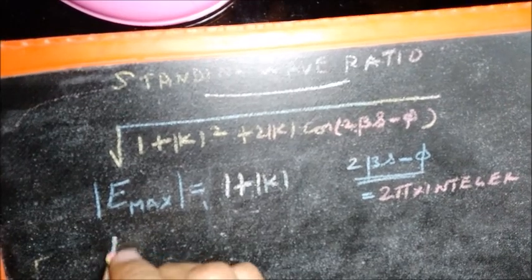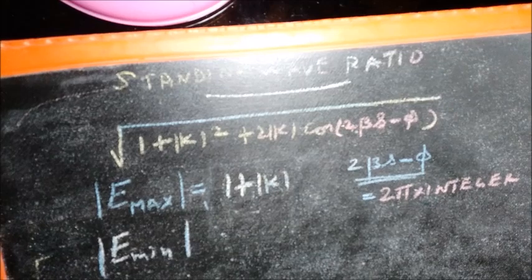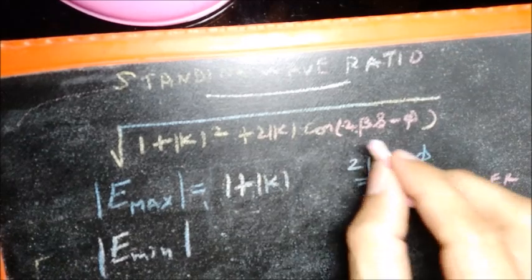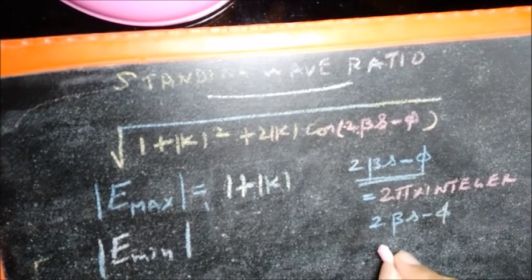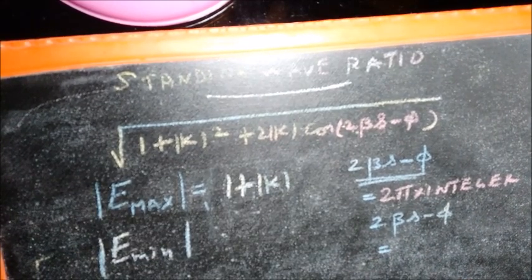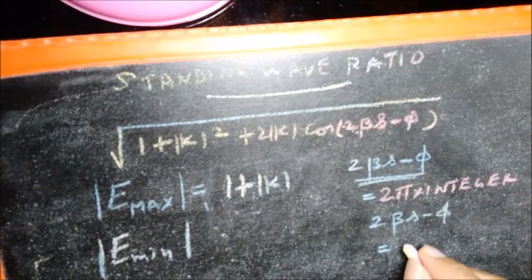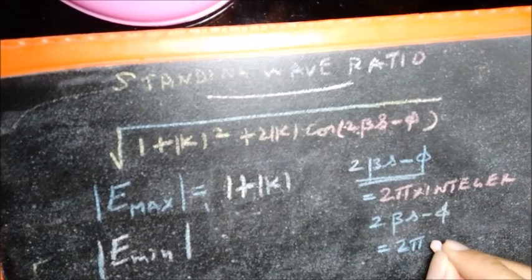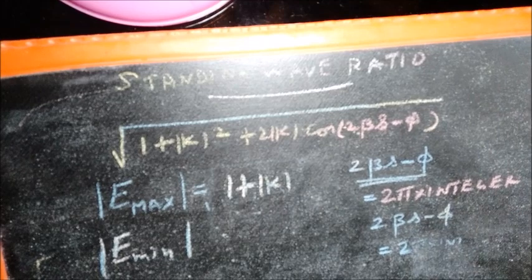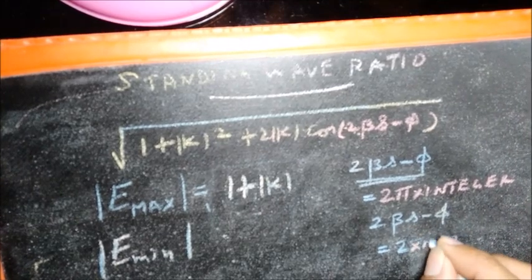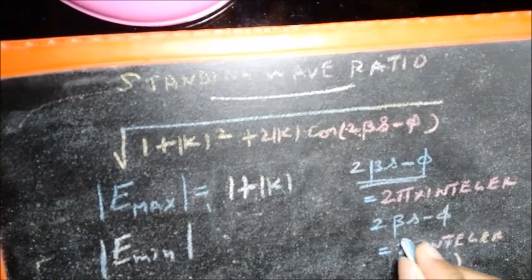And Emin, the minimum amplitude, is when 2 beta s minus phi is such that cos of 2 beta s minus phi becomes 0. And that is when this is 2 into an integer plus 1, into pi.